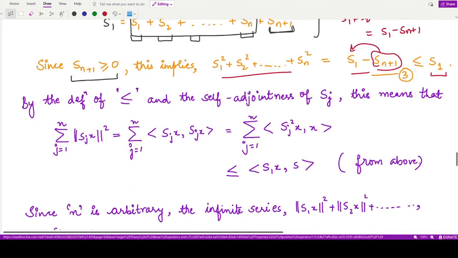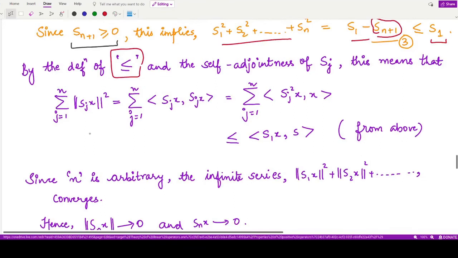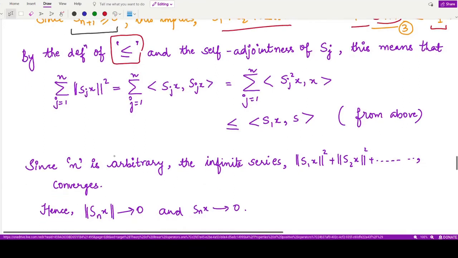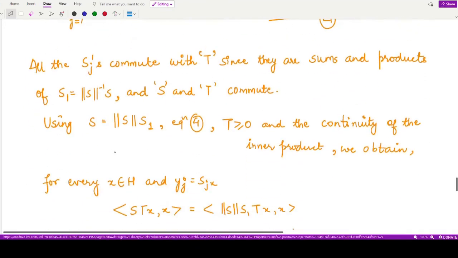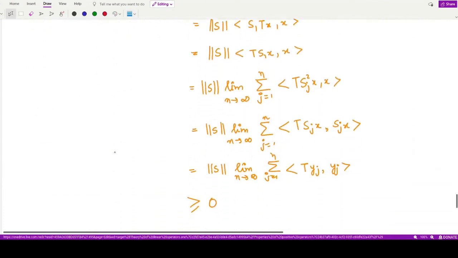Now moving further to prove this result, according to the definition of the positive operator, and the self-adjointness of Sj, let's see what we have and how we proceed towards the result. All in all, what do we want?